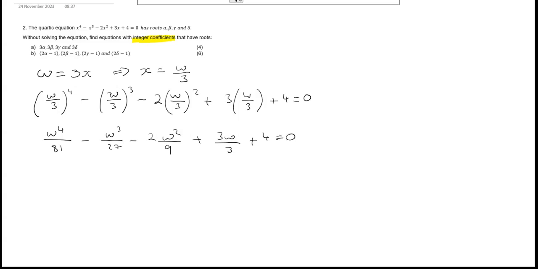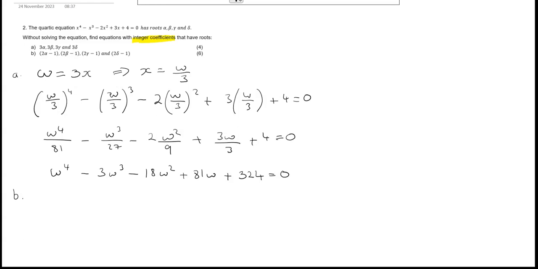We need to have integer coefficients, so I need to times everything by 81, it seems like in here, and if I do that I get w to the 4 minus 3w cubed minus 18w squared plus 81w plus 324 equals 0. And that's the end of that one. Okay, so that's part A. And that's a nice little trick that you can use to do transformations of roots like this.